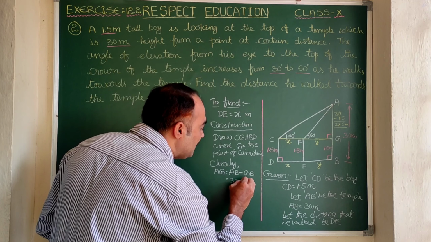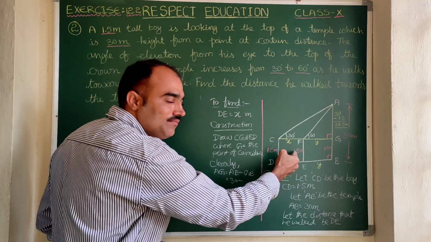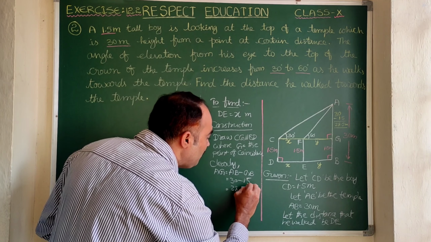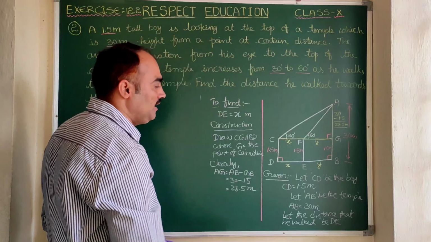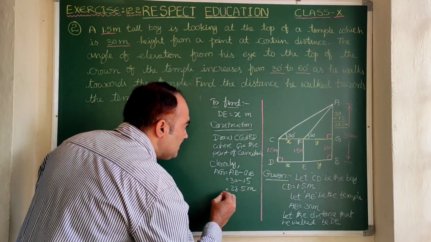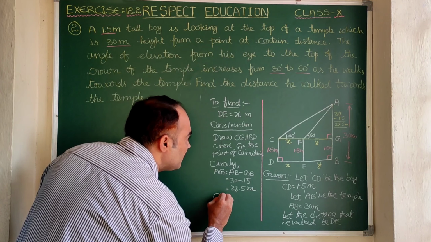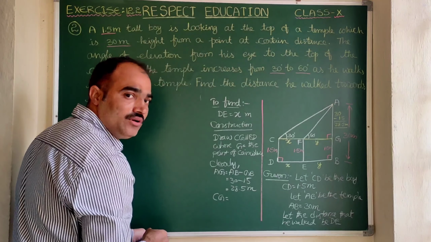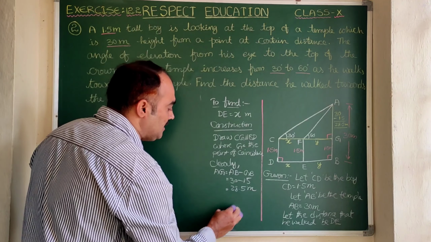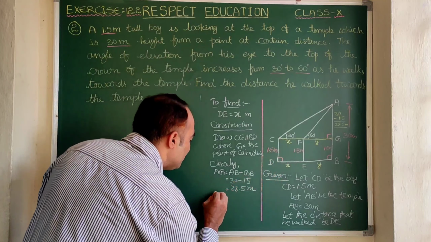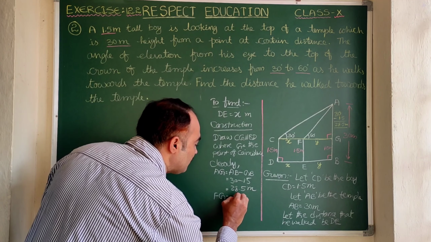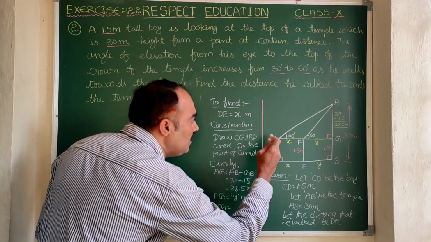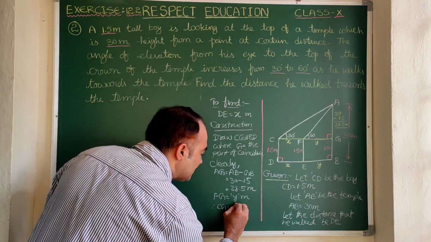That is 30 minus GB, which is nothing but EF, which is nothing but CD, that is 1.5. So it is 28.5 meters. Next, let us take CG. Before that we will write FG, because here y is to be introduced. So FG is equal to y meters. Therefore, CG is equal to x plus y meters.